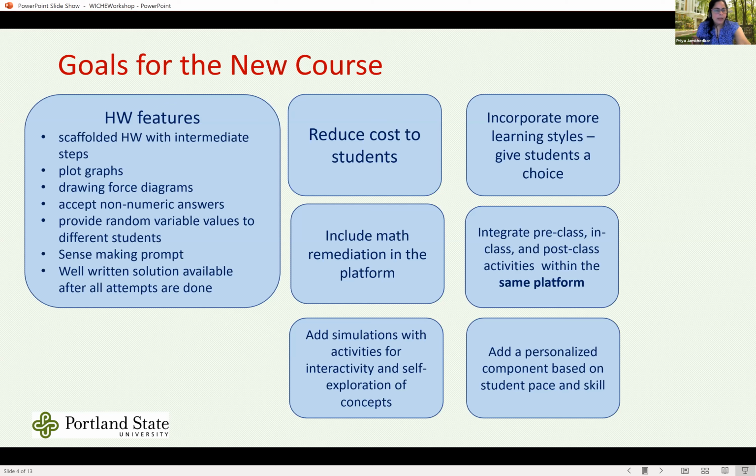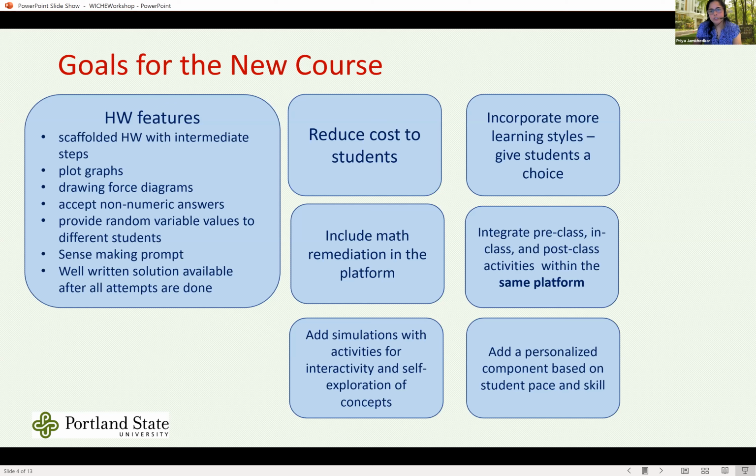And then we also wanted to provide well-written solutions for each homework question. We wanted to make that a learning tool for students who did the homework somehow, but now they're looking at the well-written solution step by step. So we wanted all of those features in our new course.